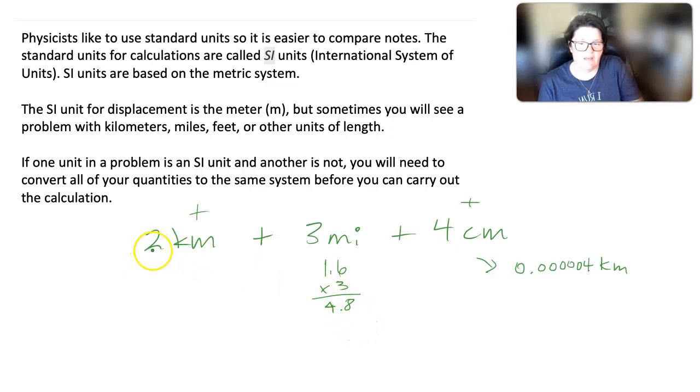And so then you could add 2 plus 4.8 plus that, and that gives you 6.800004 kilometers. Okay, I'm not asking you to do this right now, but I just want you to be aware that you have to pay attention to units.